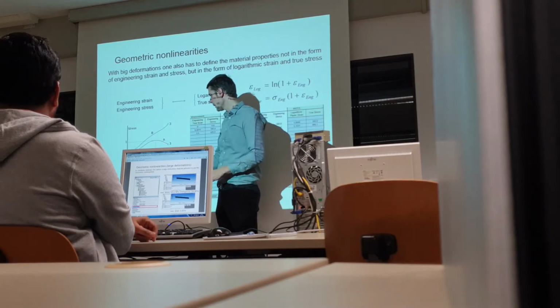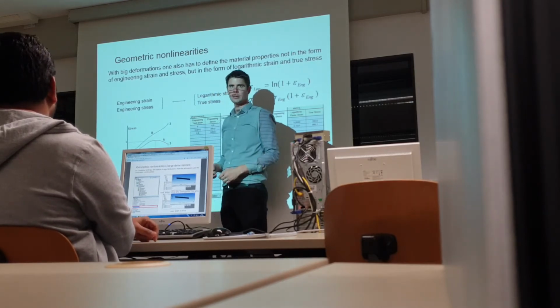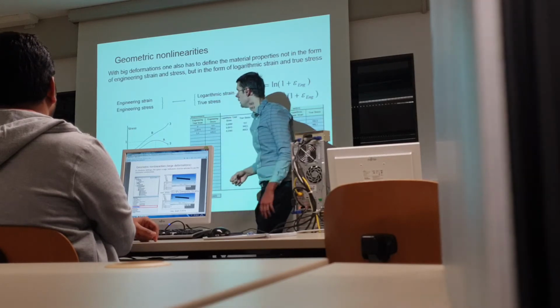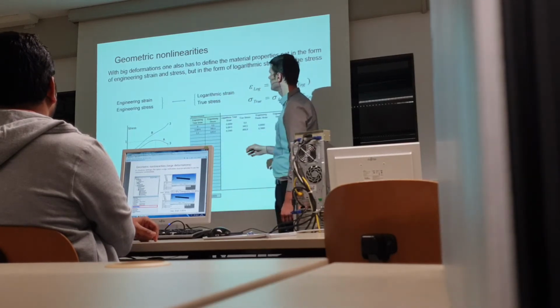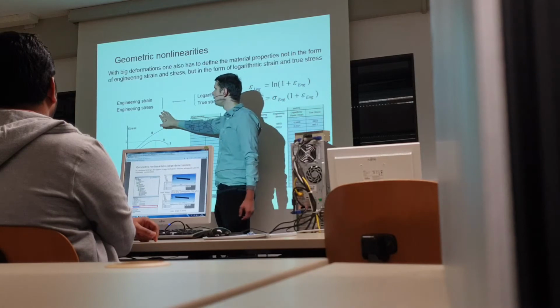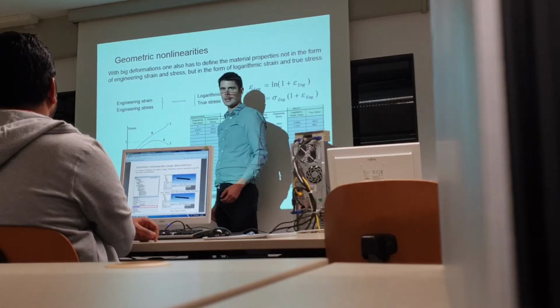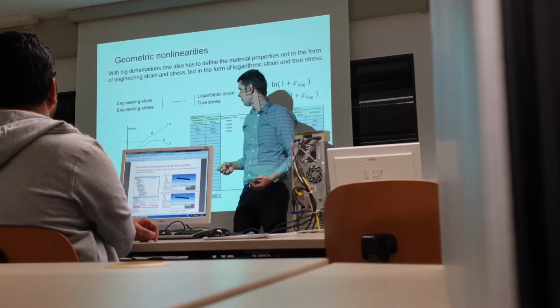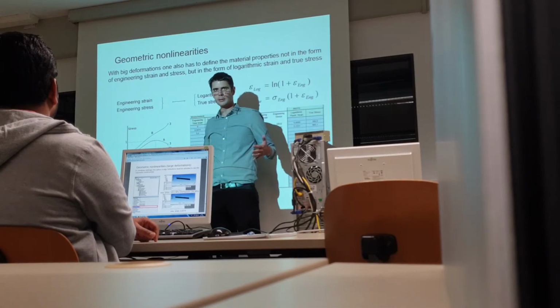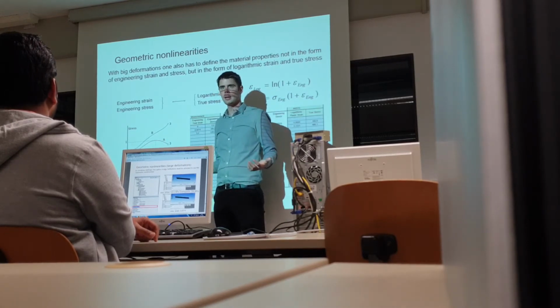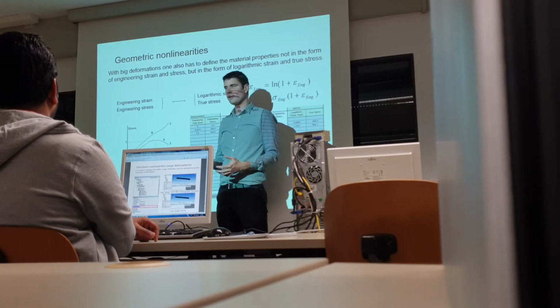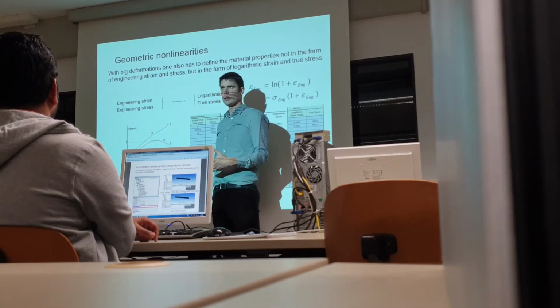So I need to recalculate my measurement to get the stress. In mechanics, people call it engineering stress and engineering strain. It means measurement. By measurement, I pull my part until it is broken and say how much is the stress: force divided by A0, where A0 is my area.